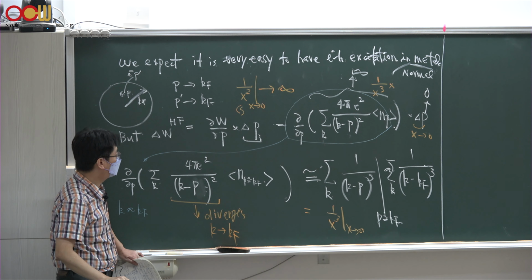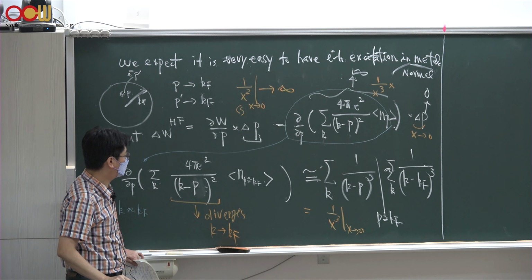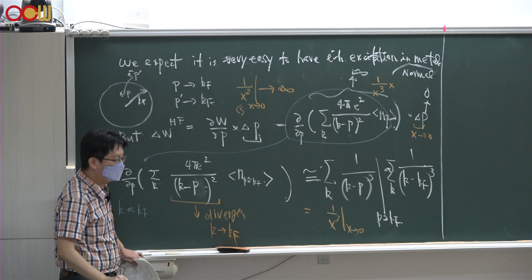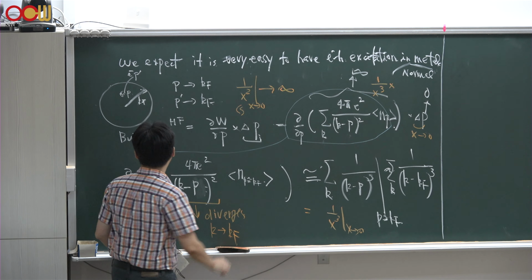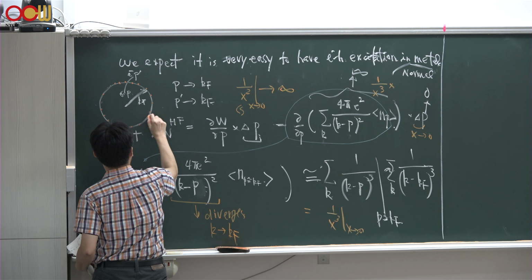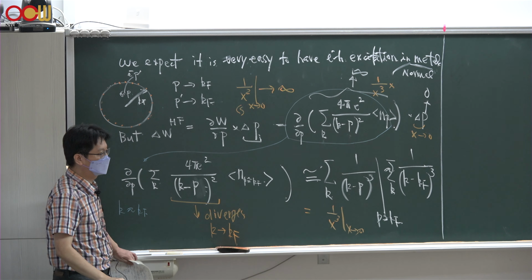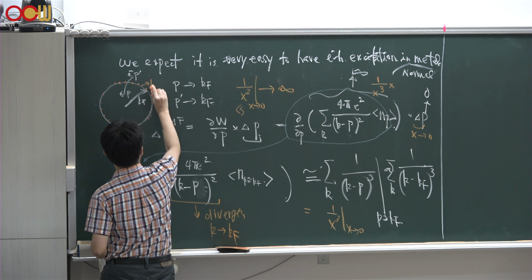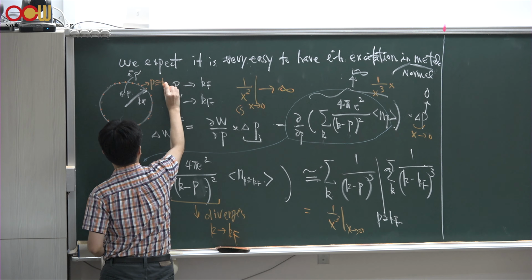All right? And such momentum K that is very close to Kf corresponds to a very, very large number of electrons. Remember, there are so many electrons very close to the Fermi surface when P is very close to Kf.